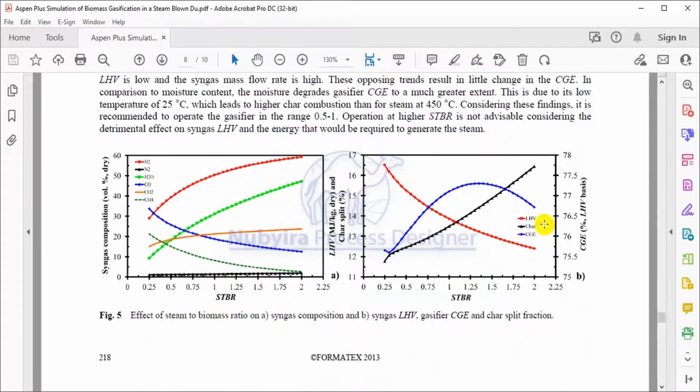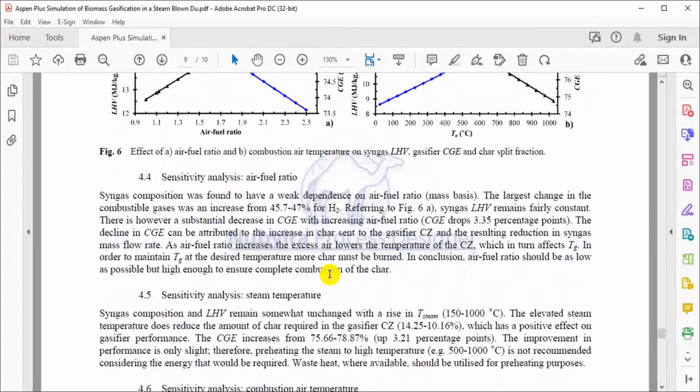These are the results from the paper, and we are going to compare them with what I'm getting, to show you how it is done. That's what we're going to do today.